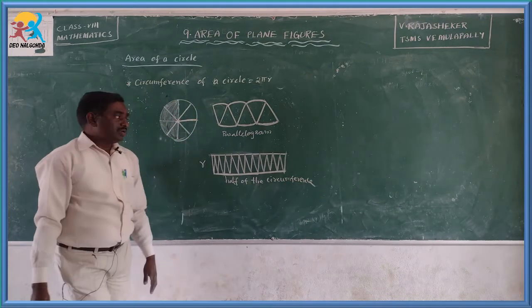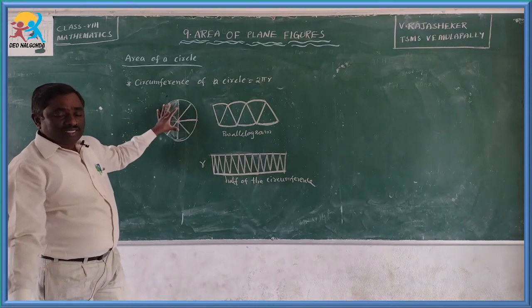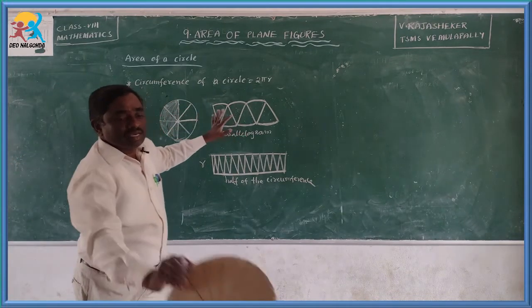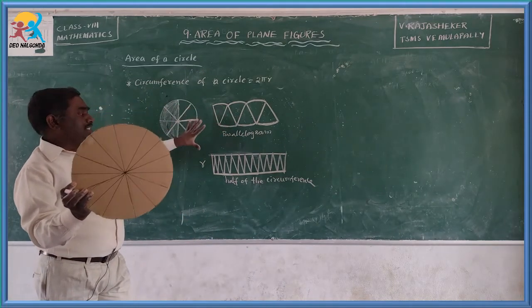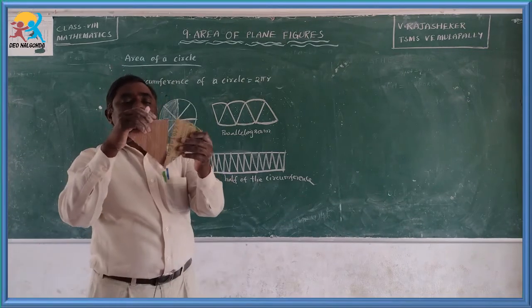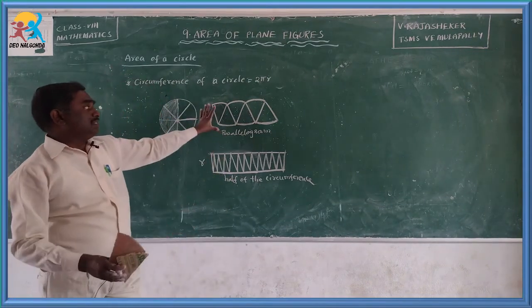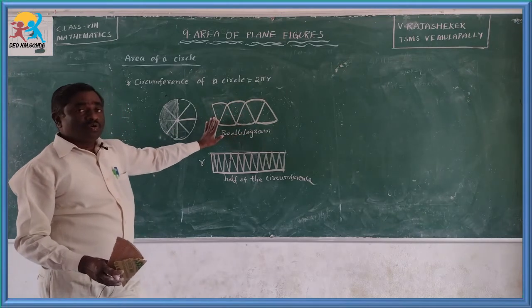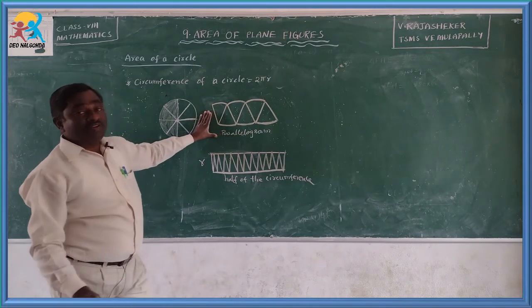Once again children, let us take one circular sheet like this and make it into such kind of parts, and arrange the parts in a manner so that we get a parallelogram.